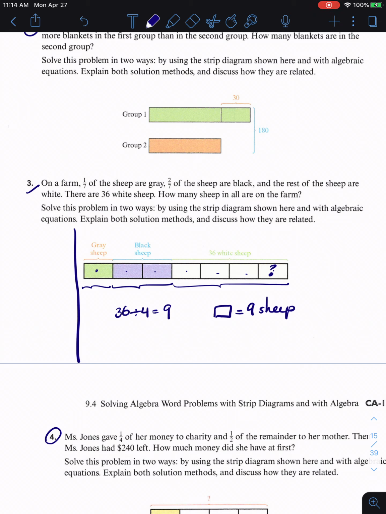It's visual. There's very little that we need to be doing here in terms of manipulation of symbols. We need to be looking at the visual and making sense of it. And the question is, how many sheep are on the farm in all? Well, this is 1/7. So on the farm, there are 7 groups of 9 sheep.